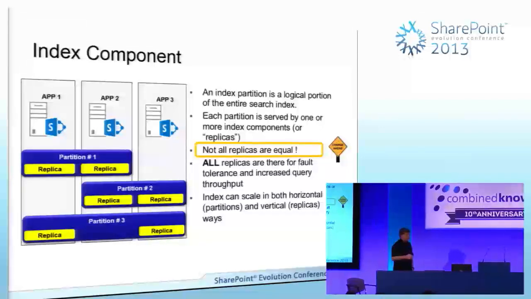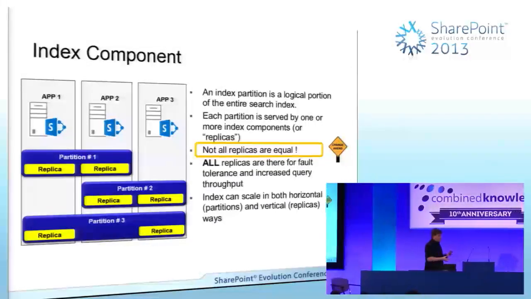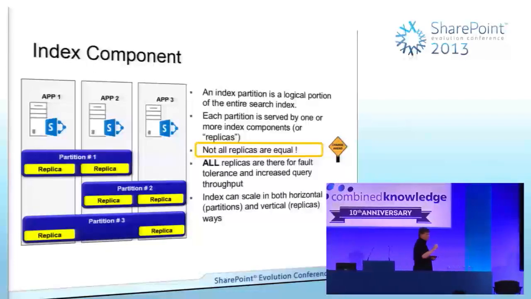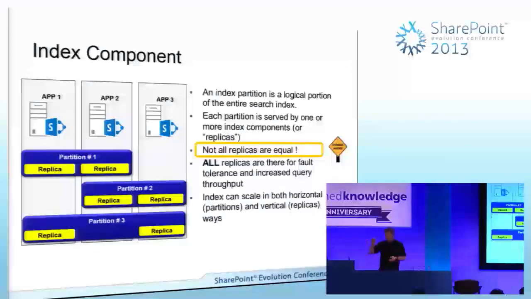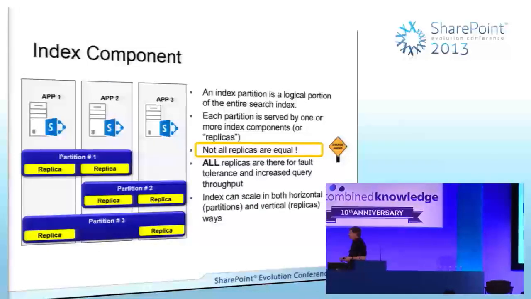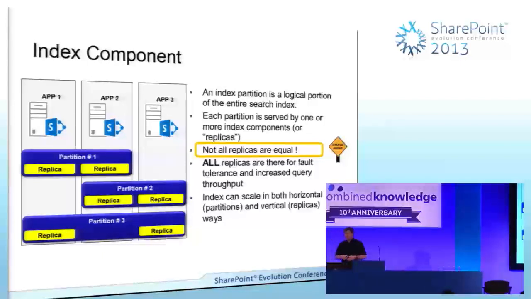And fundamentally, the key thing that's different from 2010 is that not all replicas are the same. In 2010, when the crawler was doing the indexing, it would send its changes out to every single partition on the search index that needed to receive an update. In 2013, we have this concept of not all replicas being equal. So we only send updates to what we call the primary replica.